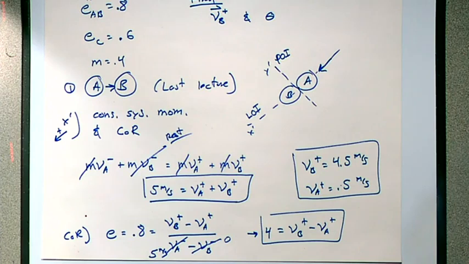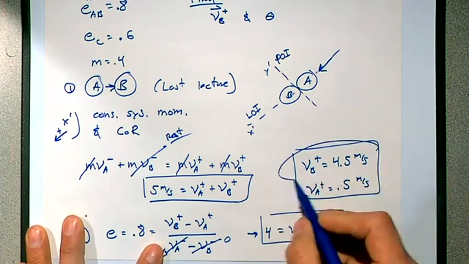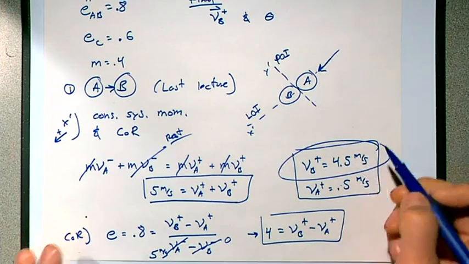The velocity of my ball, this would be in our x direction, right? So maybe I should put a little subscript x here to remind us that these are in the x direction. So the velocity of the ball in the x direction after the first impact, that takes us back.